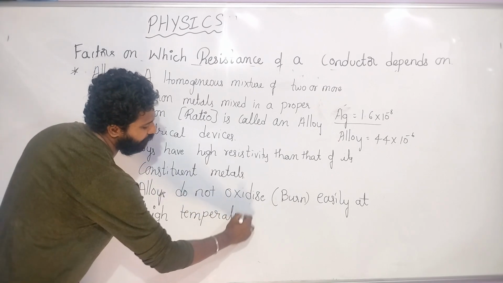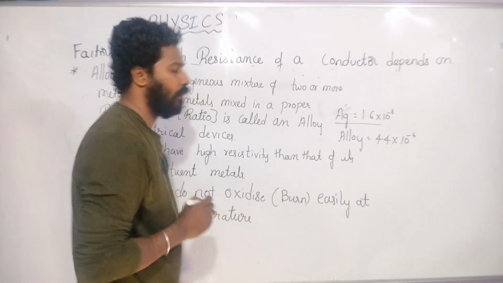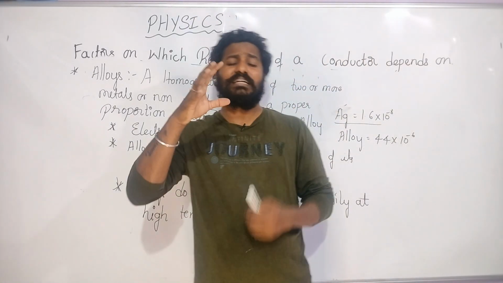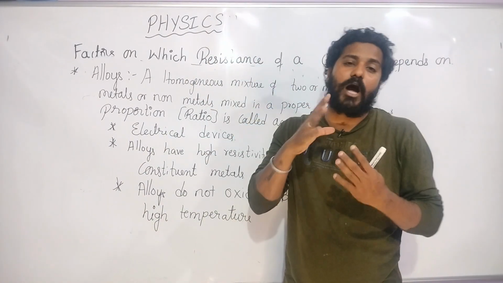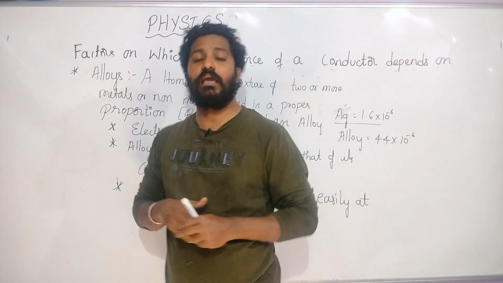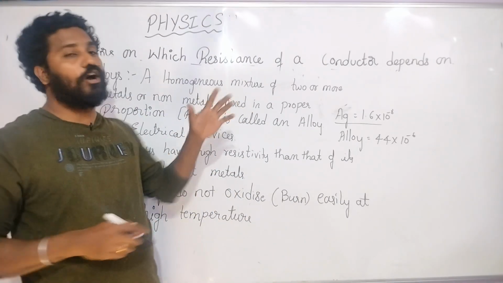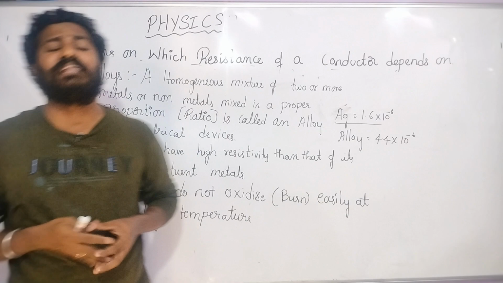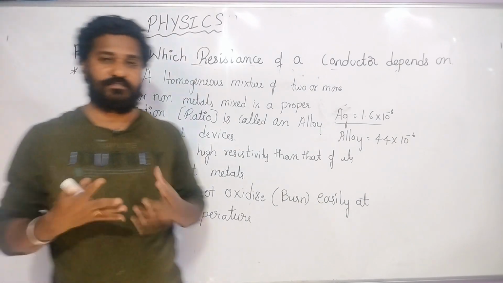Whatever the temperature you give, that also has a limit, so it can withstand some amount of temperature. So alloys do not oxidize, they will not burn easily at high temperature.